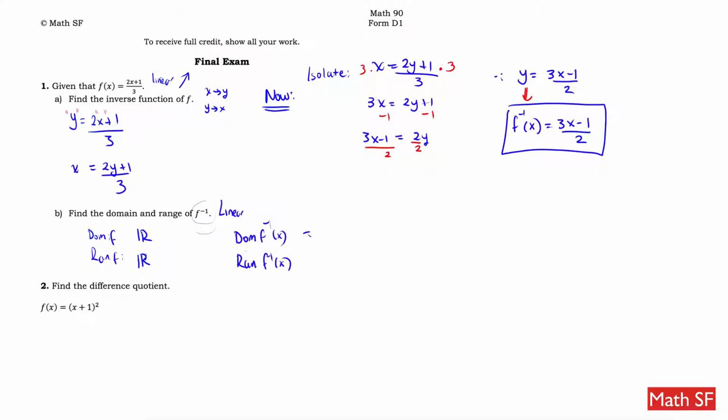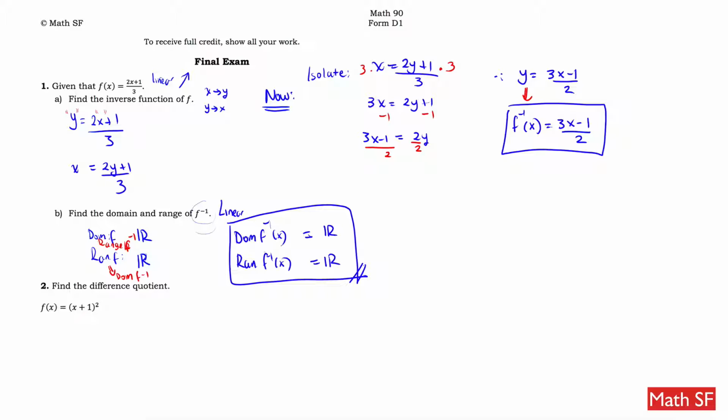Well, the range of f is pretty much the domain of the inverse function, and the domain of f is pretty much the range of the inverse function, f to the negative 1 there. So the domain of the inverse function is actually R again, and the range will be R again. So that's the domain and the range for the inverse function.